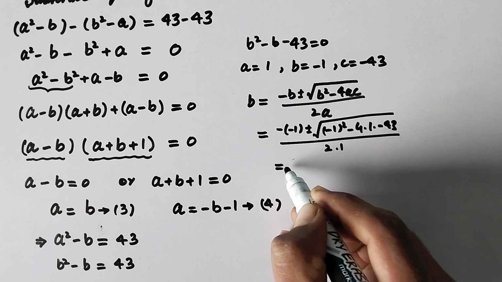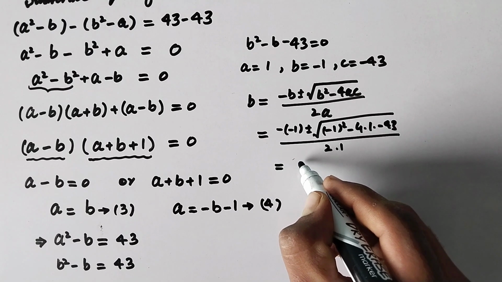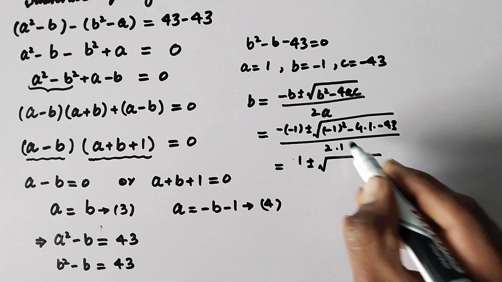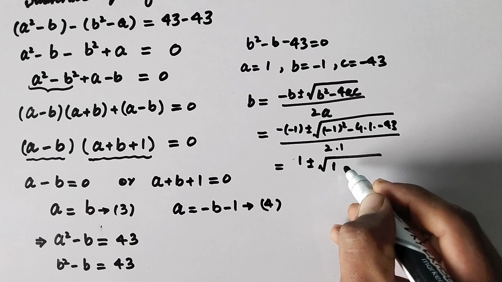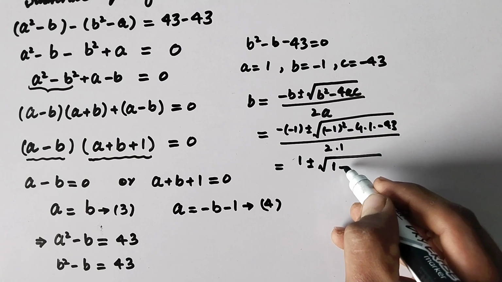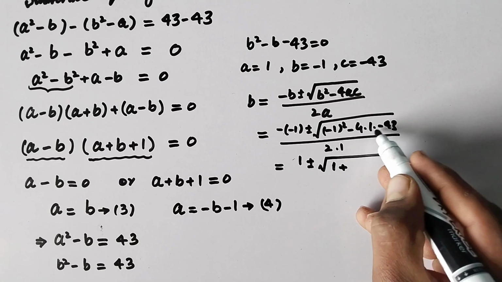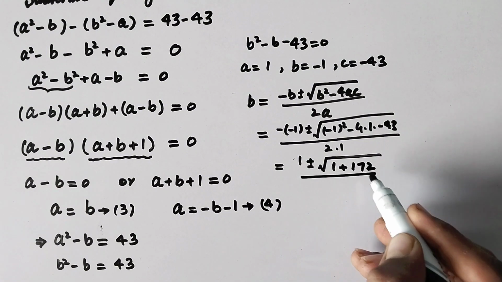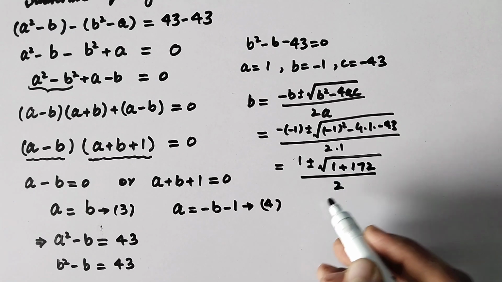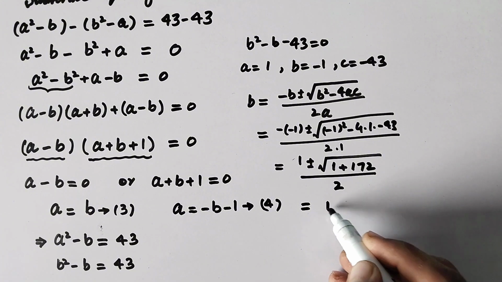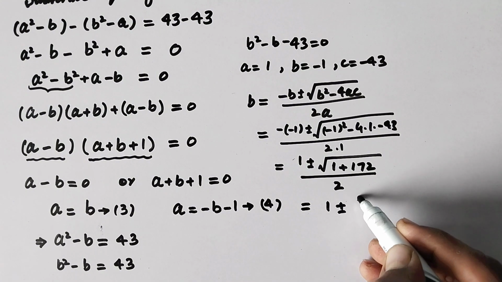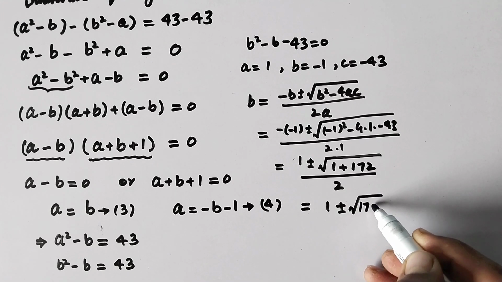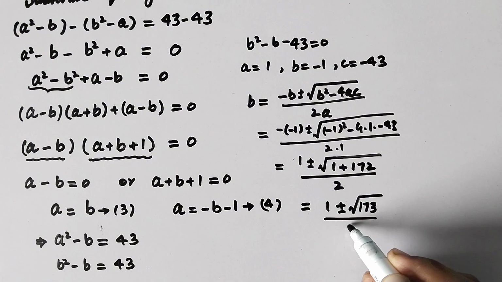Or it will be equal to minus times minus 1 is plus 1 plus or minus square root of minus 1 squared is equal to 1, minus times minus will be plus 4 times 43 is equal to 172, over 2 times 1 is 2. Or it is equal to 1 plus or minus square root of 1 plus 172, which is 173, over 2.